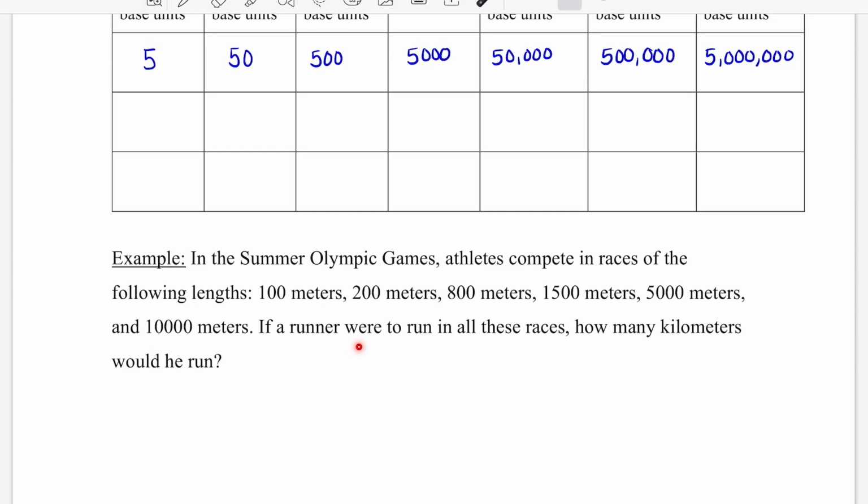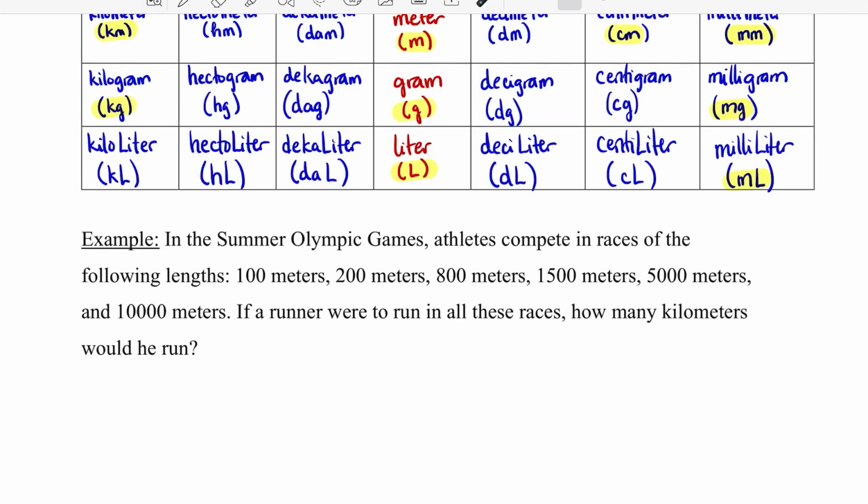If a runner were to run in all these races, how many kilometers would he run? First, they ask for the total distance that the person ran. And second, they ask for that in kilometers.